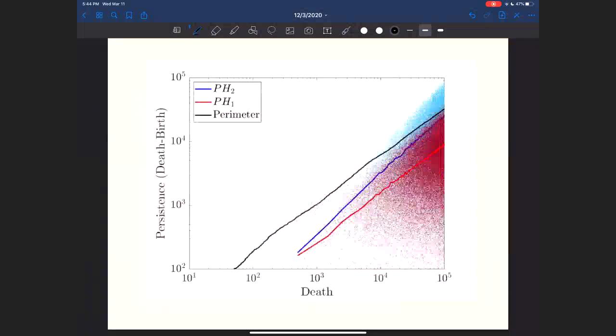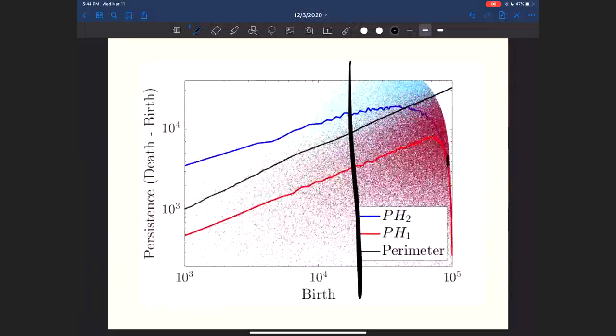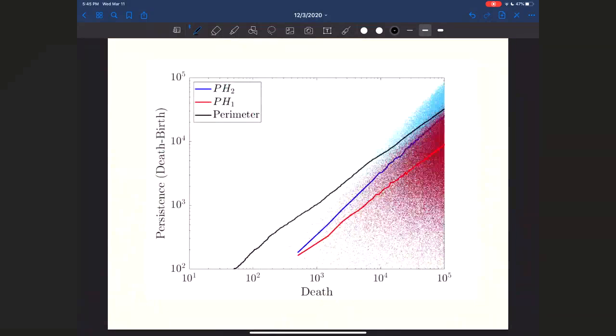Okay, so now let's get rid of this bias that we have in this region by looking at the time that the holes die instead of the time at which the holes were born. So again, we have in the y-axis the persistence, death minus birth. The perimeter of the structure is in black, and then we have pH1 and pH2 plotted there.